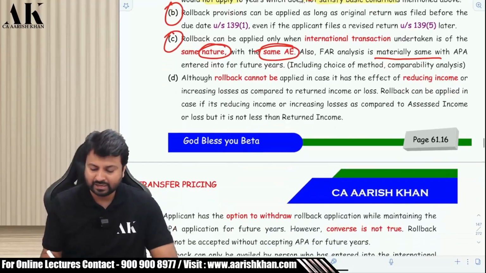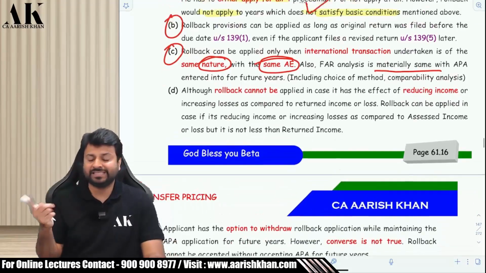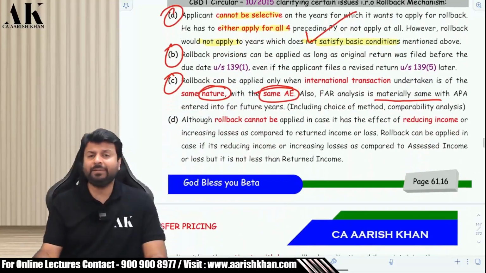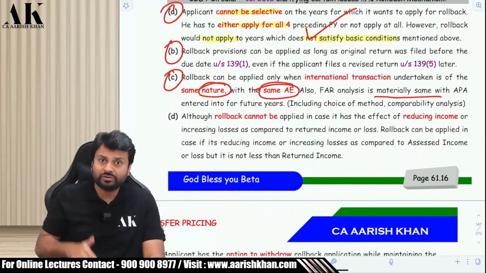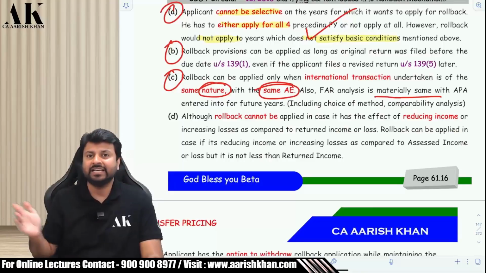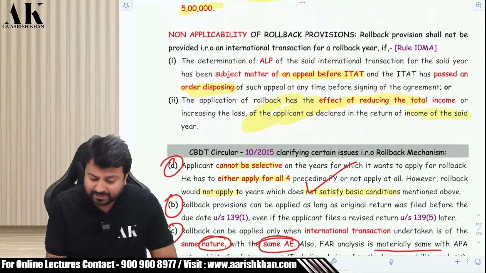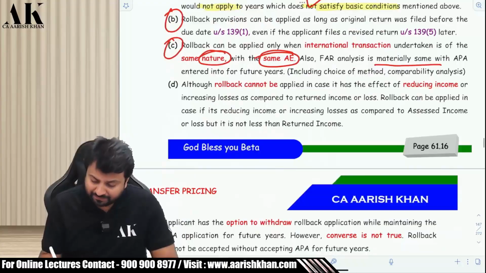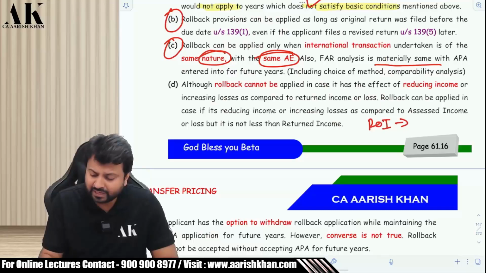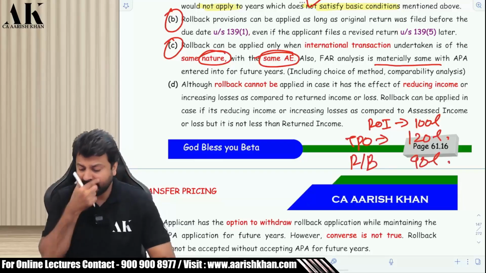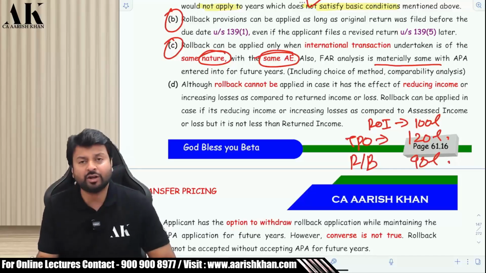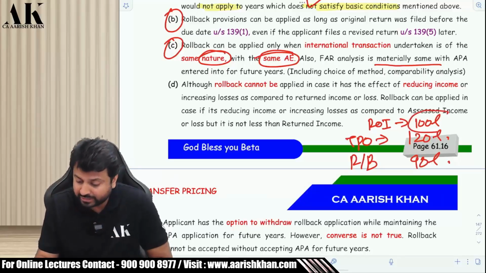Okay. Next. One of the conditions given on the previous page is that rollback is not applicable if your total income reduces or if your losses increase as compared to the income in the return of income. Listen carefully, I am explaining with the help of an example. If your return of income shows an income of 100 rupees, and your TPO has increased the income to 120 rupees, and because of rollback the income reduces to 90, now the rollback provision cannot be made applicable because rollback cannot reduce your income below 100.